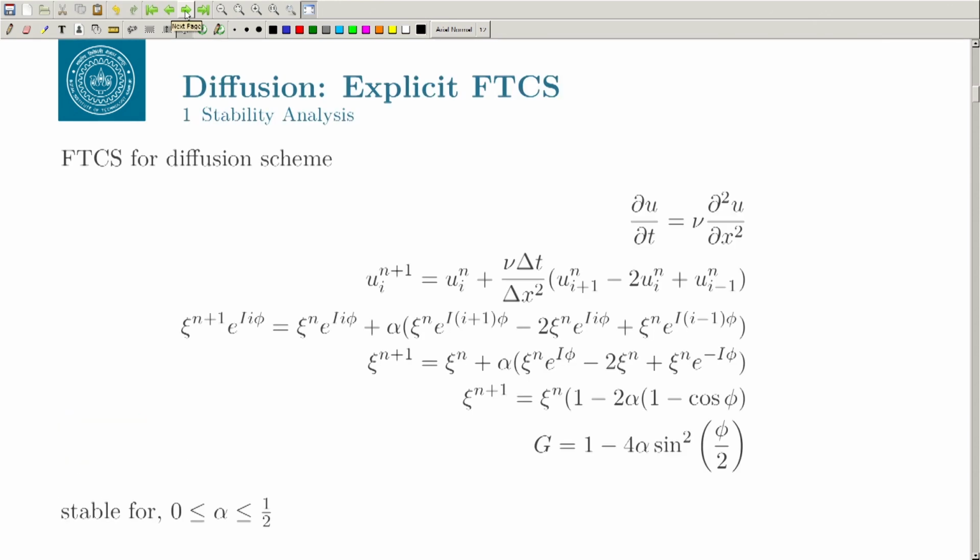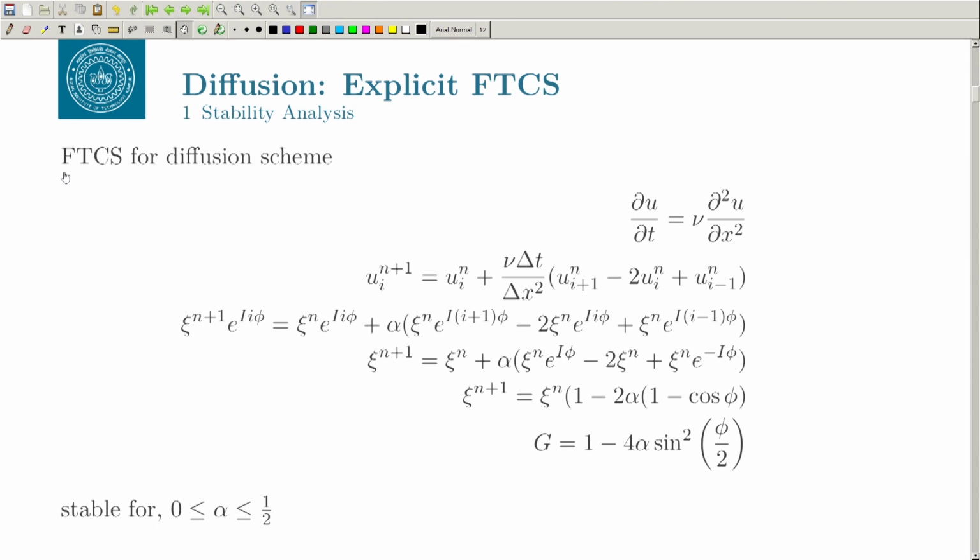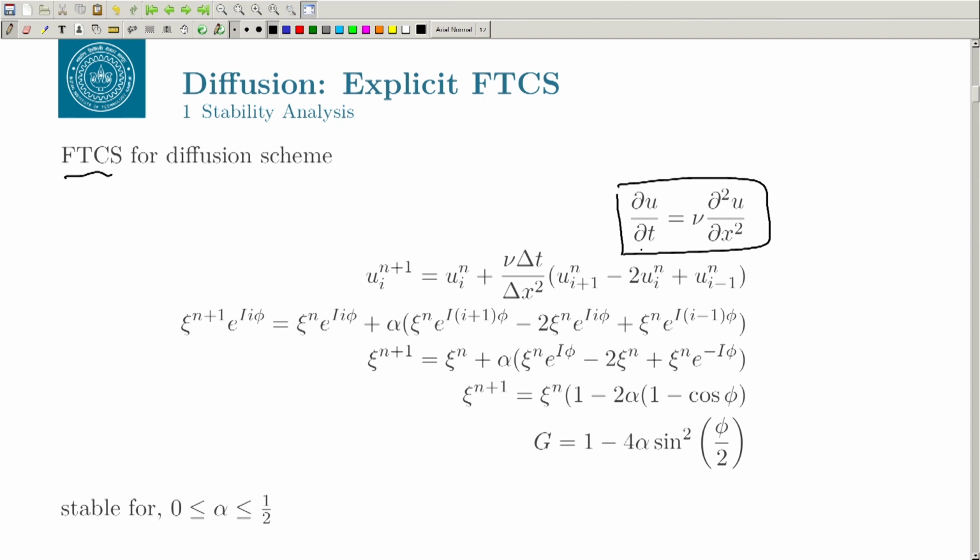Okay. So, what we did in the last class, just briefly go there. We used the forward in time and central in space scheme for the diffusion. So, this is our diffusion scheme. When you use forward in time and central in space, this will become u_i^(n+1) minus u_i^n by delta t equals nu times u_(i+1)^n minus 2 u_i^n plus u_(i-1)^n by delta x square, right.